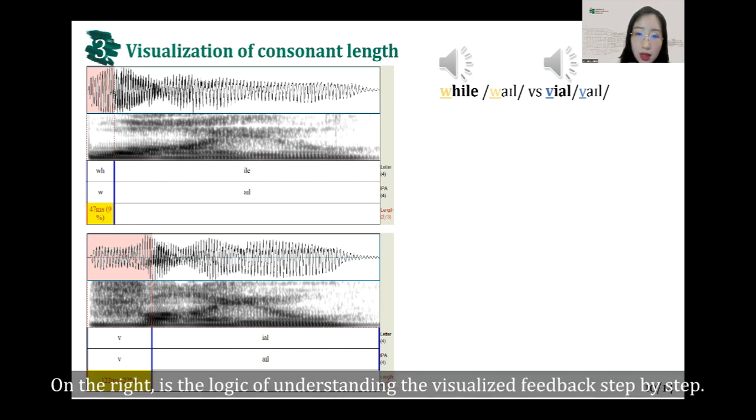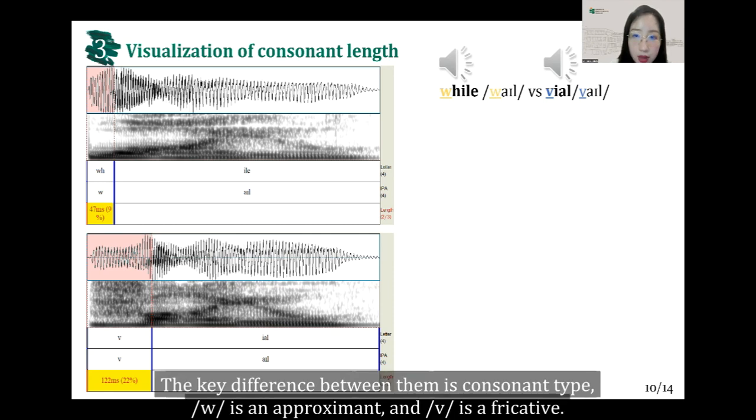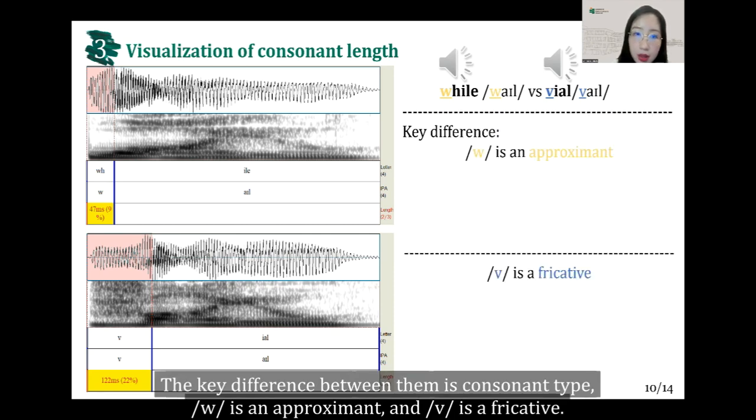On the right is the logic of understanding the visualized feedback step by step. First, the sounds we're comparing are the w in while and the v in vial. The key difference between them is consonant type. W is an approximant and v is a fricative.